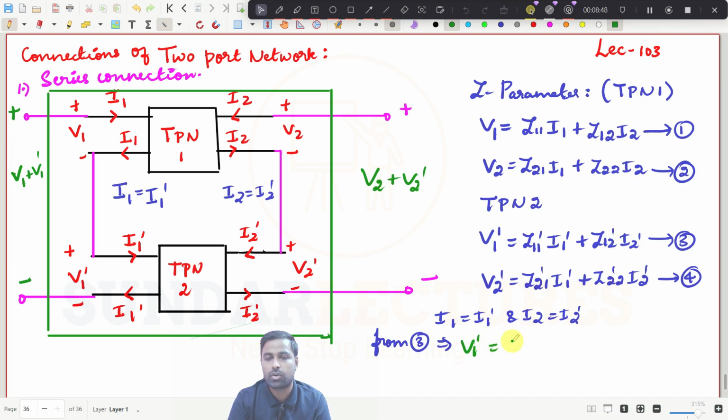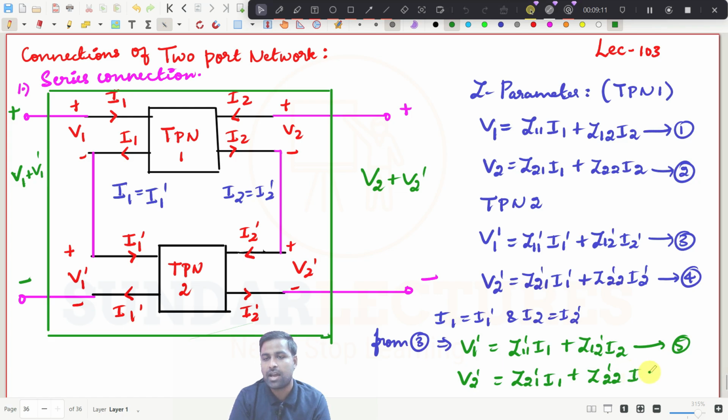V1 dash is equal to Z11 dash I1, I can replace this I1 dash with I1, then plus Z12 dash I2. This is equation number 5 now. And then V2 dash is equal to Z21 dash I1, plus Z22 dash I2. This is equation number 6. Now you just add equation number 1 with 5 and equation number 2 with 6.